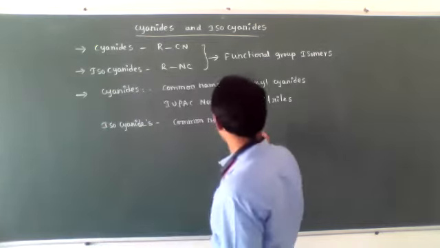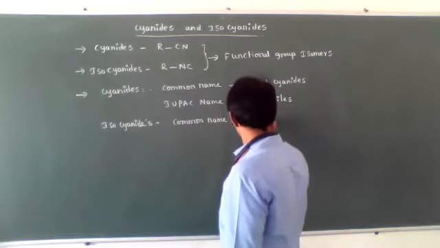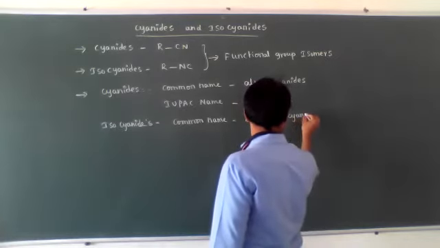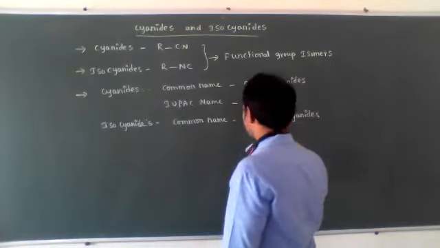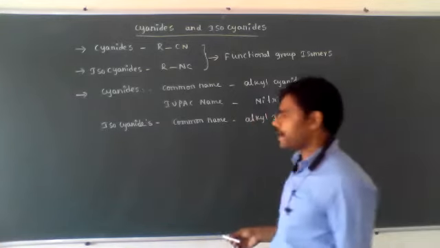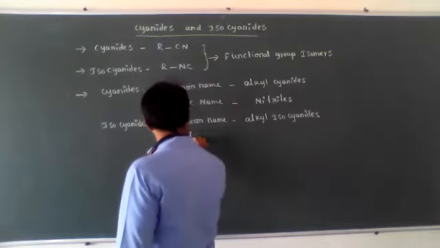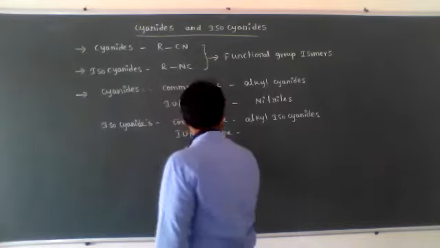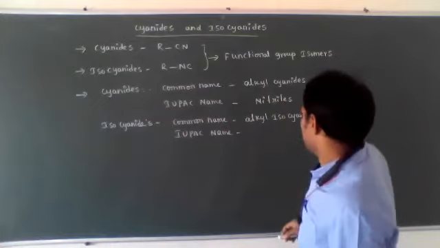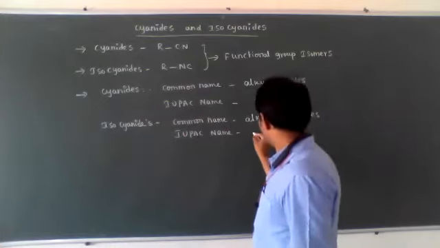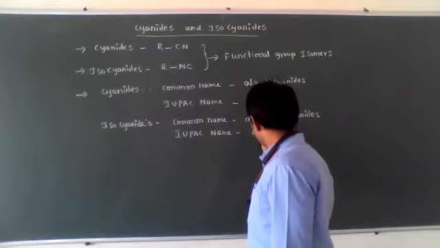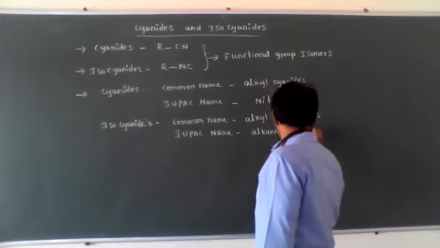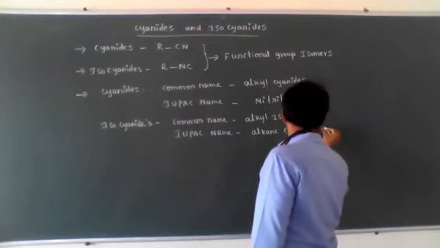Common name is alkyl isocyanides, and IUPAC name is alkane carbonitrile.